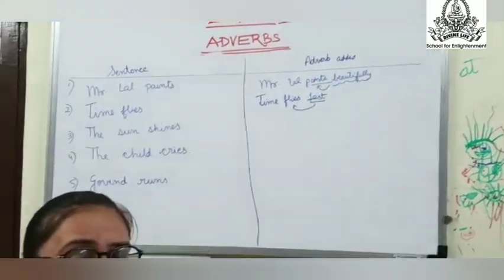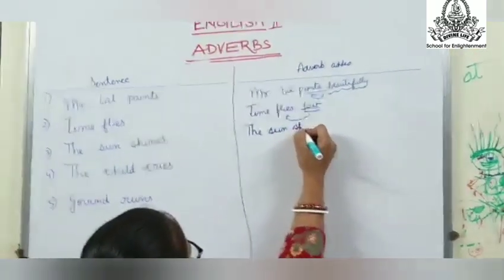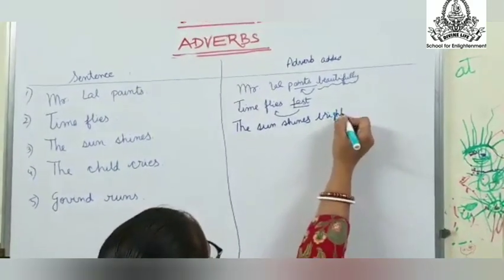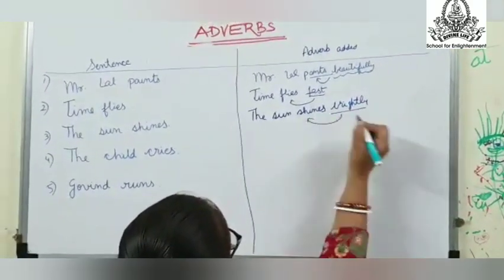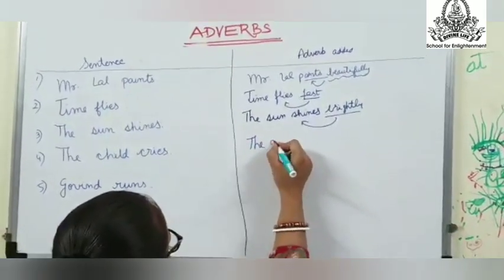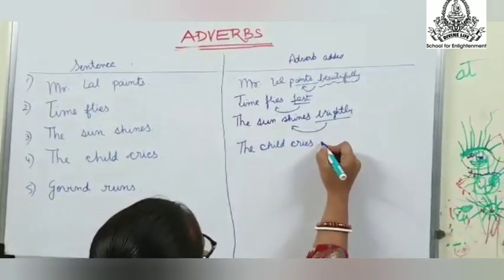The sun shines. How does the sun shine? The sun shines brightly. Brightly is adding to shines. The child cries. How does the child cry? The child cries loudly.